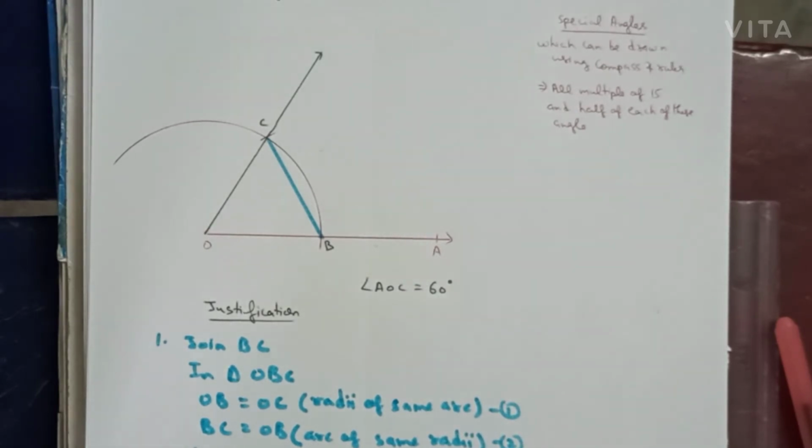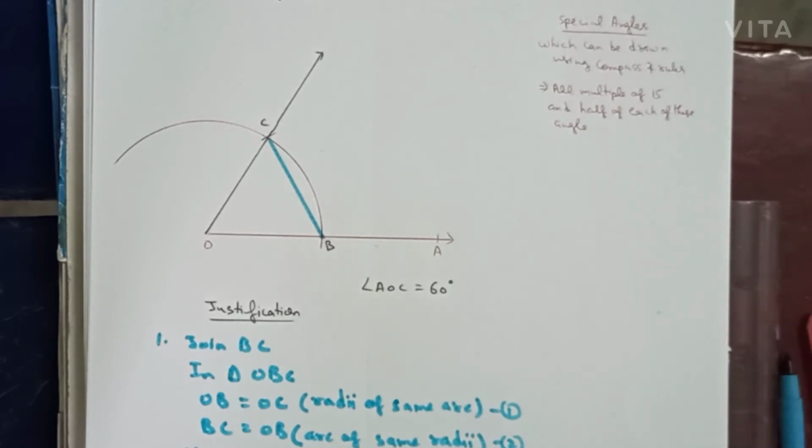And if triangle OBC is an equilateral triangle, then we know that all the angles of an equilateral triangle are equal and all the angles are equal to 60 degrees. Therefore angle BOC will be 60 degrees, or angle AOC is 60 degrees. So this justifies our construction. Hope you have understood this point.